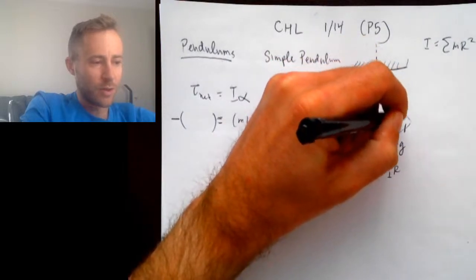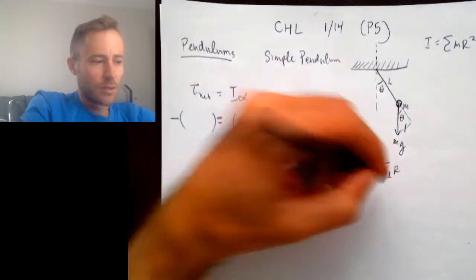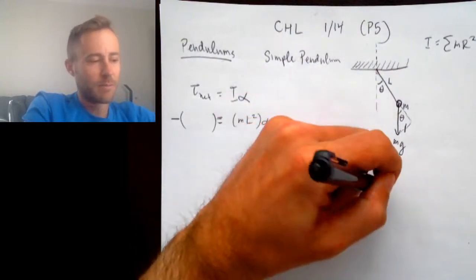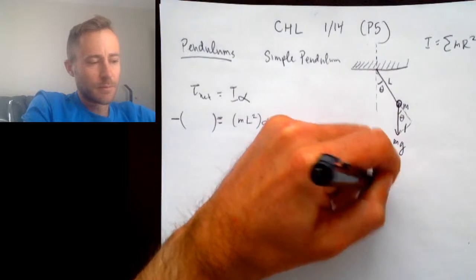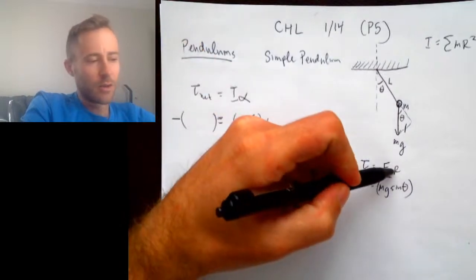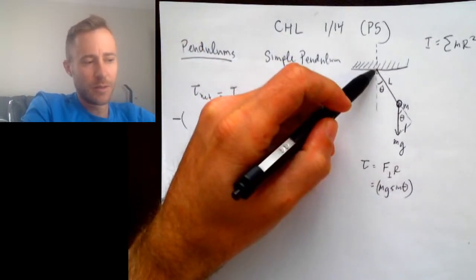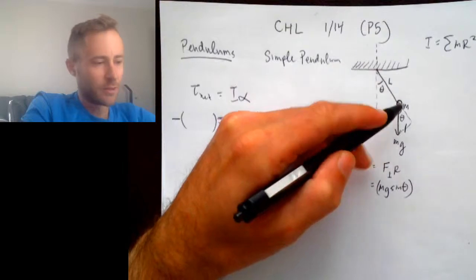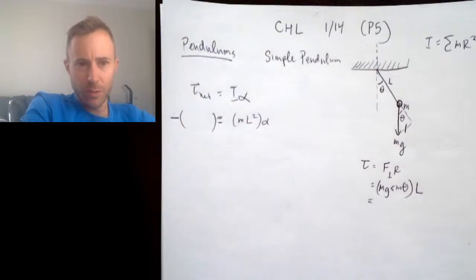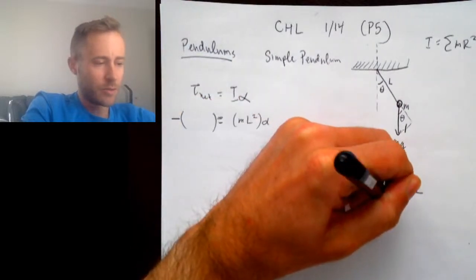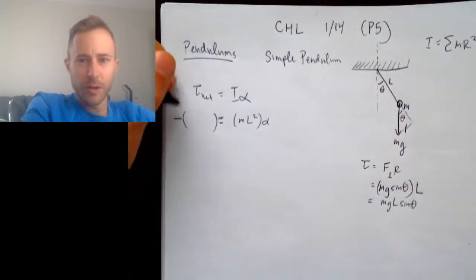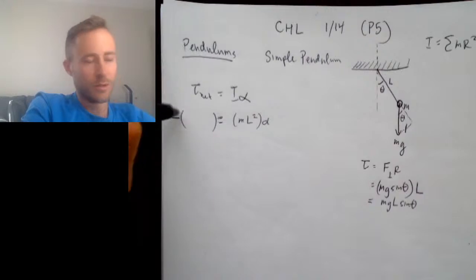So this angle is also theta. That means F perp is going to be mg sine of theta. R is the distance from the pivot to where the force is applied, and that is L. So the gravitational torque is mgL sine of theta, and we know it's negative.